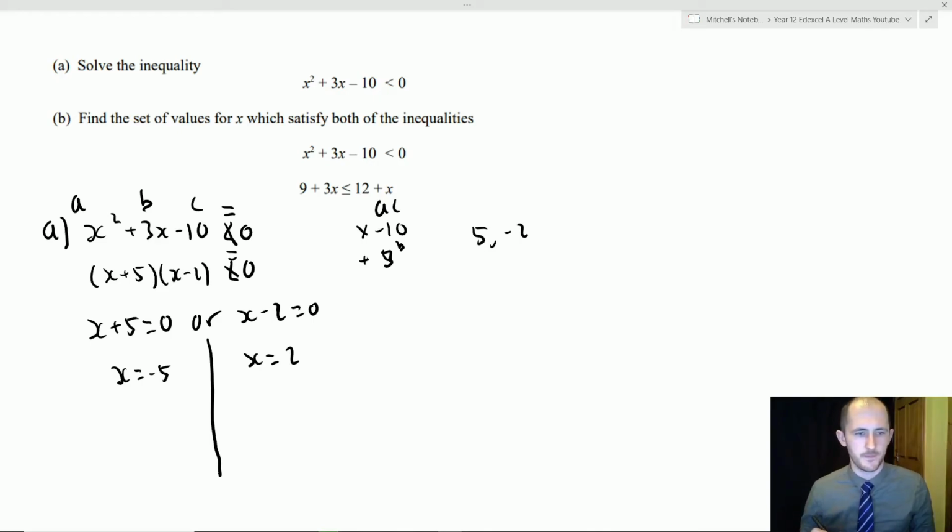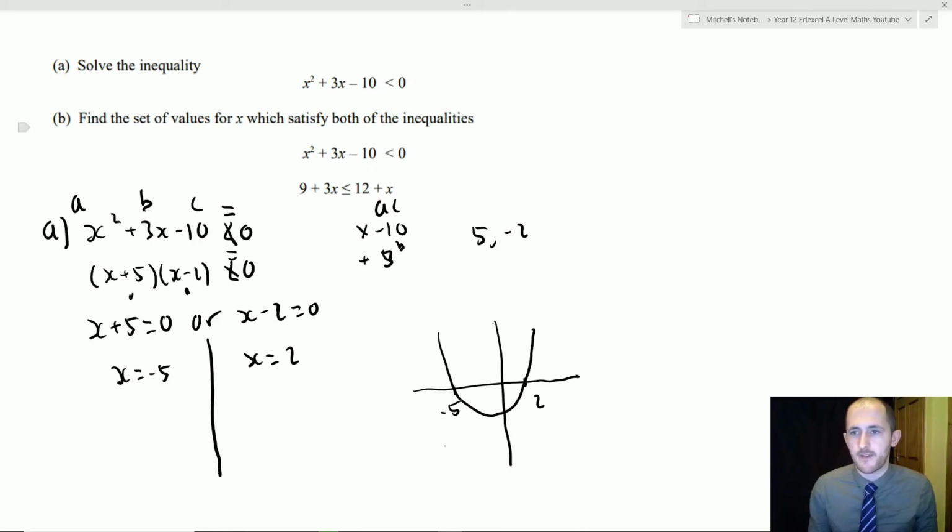Okay. I think that's okay now. Perfect. So to find out which side the inequality is going to lie is you just draw the graph as it would look. So I know where the x-intercepts are now. They're at x equals minus 5 and x is plus 2. And because it's a positive quadratic, we're going to draw a big U shape.